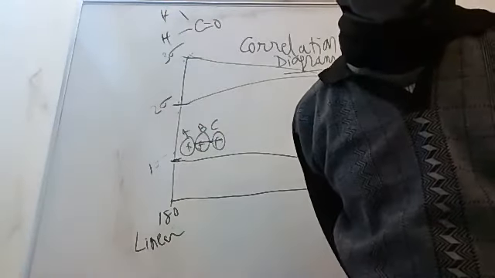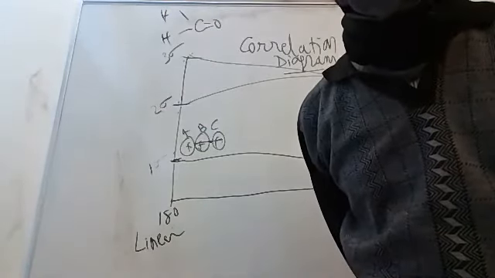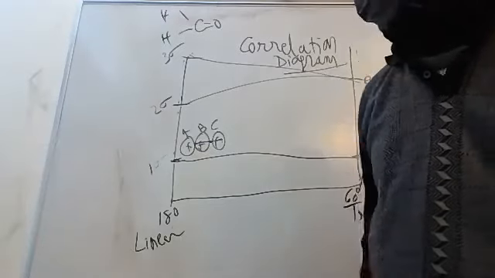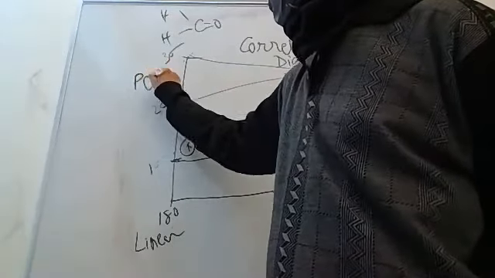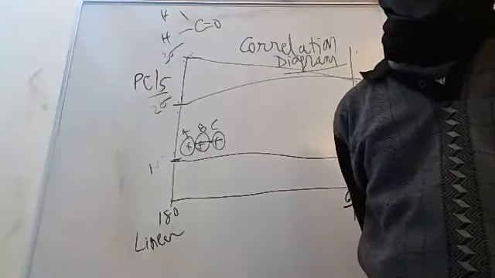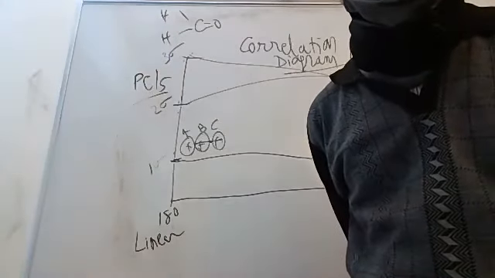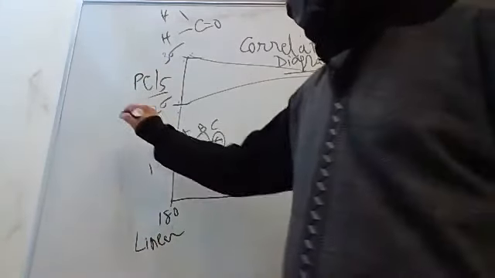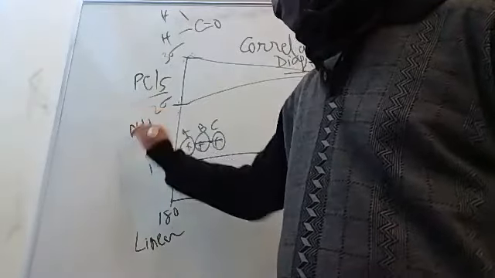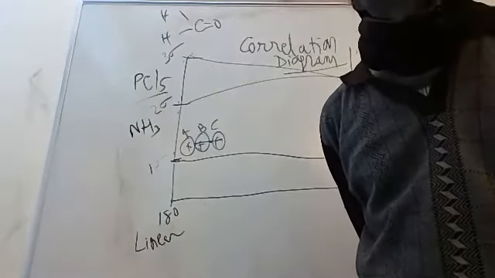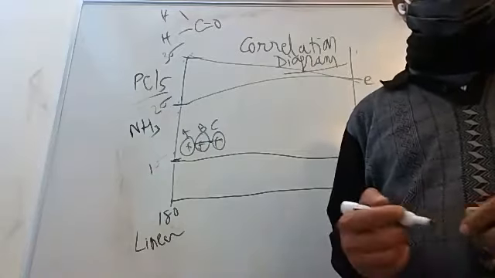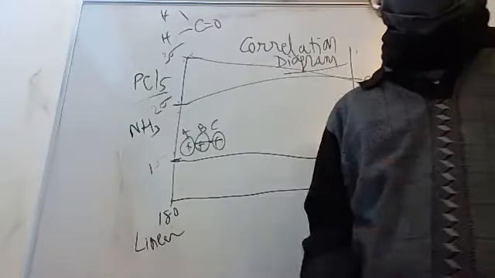This is 4 atoms. Some molecules have 6 atoms. PCl5 has 6 atoms, right? NH3, for example, has 4 atoms. How do we deal with them? How do you write the molecular orbitals?